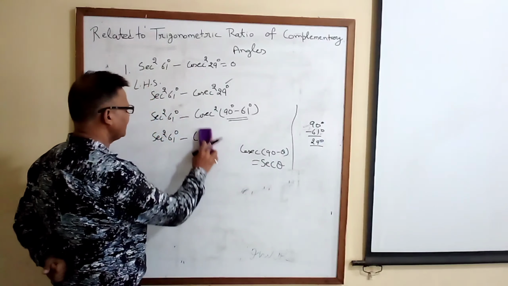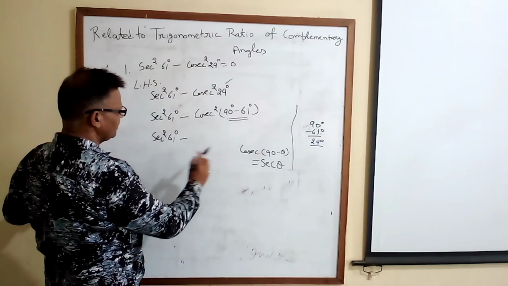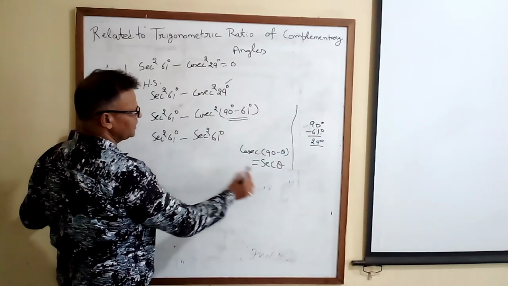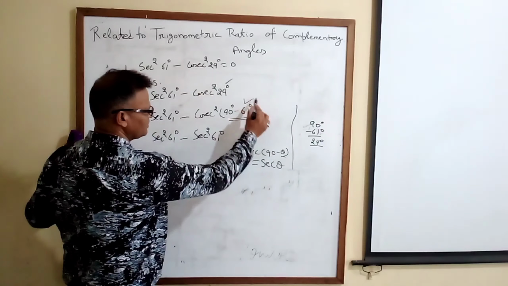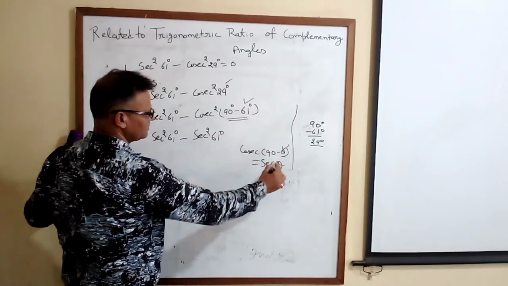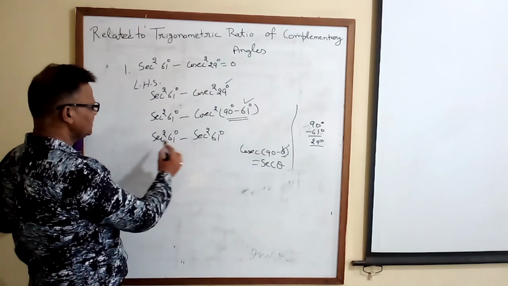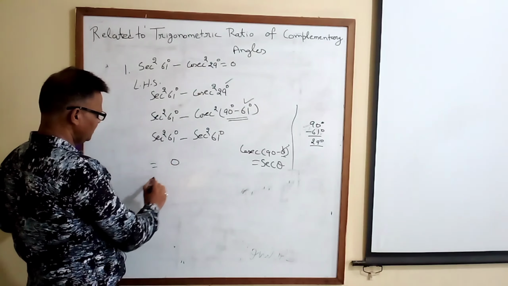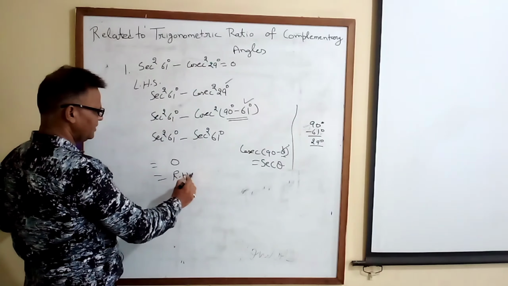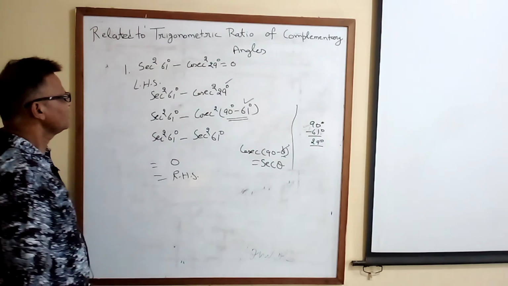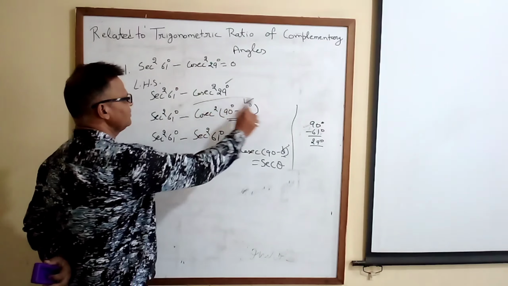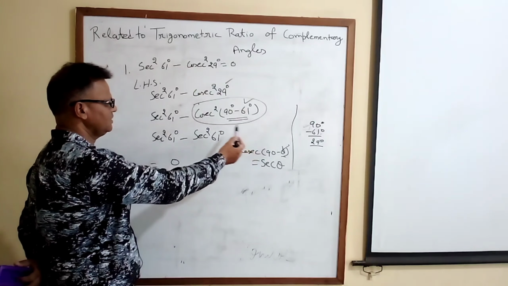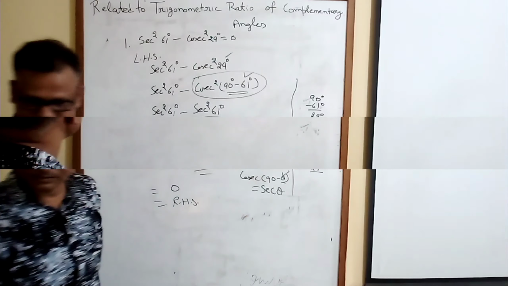So according to this formula, we note the value of theta from this: secant 61 degree, secant 61 degree, both values are the same, so we get 0, which is equal to the right hand side. Like this, by putting the values in that formula 90 minus theta, we can solve the sum easily.